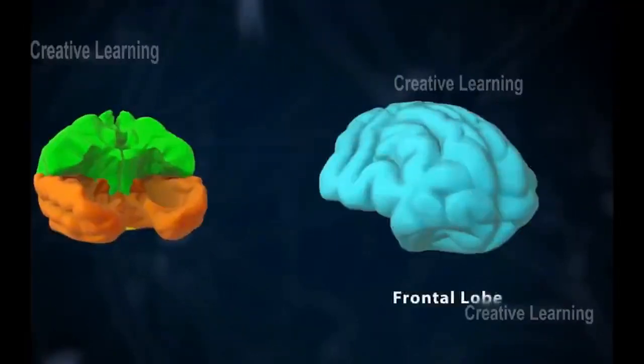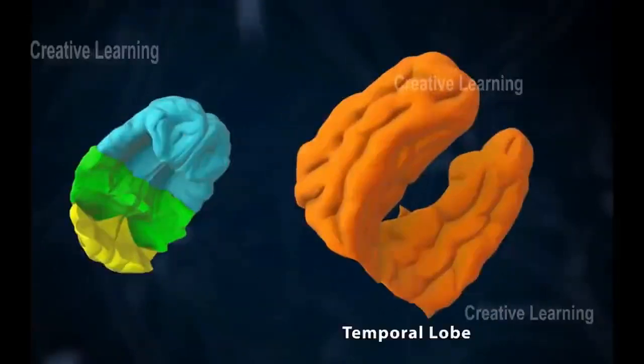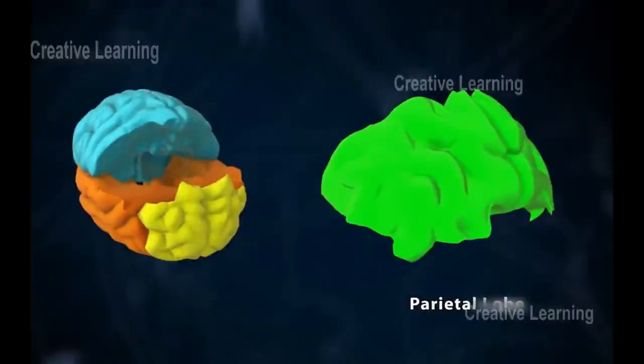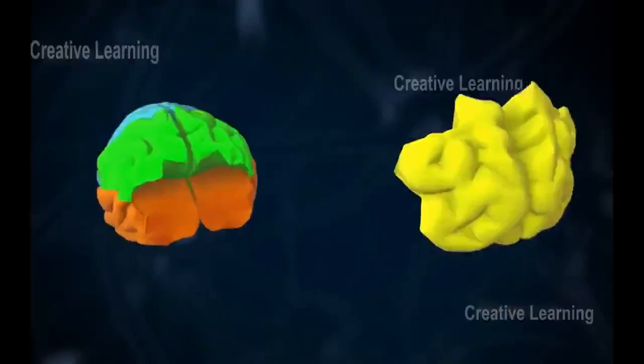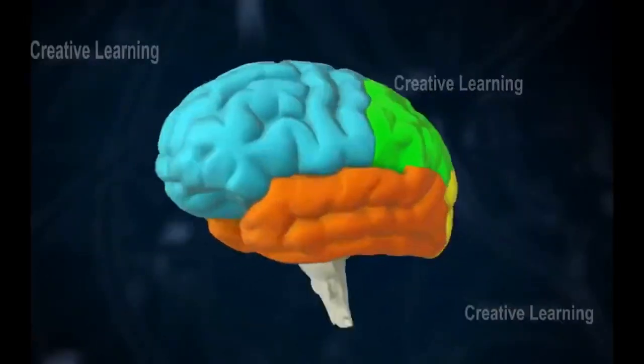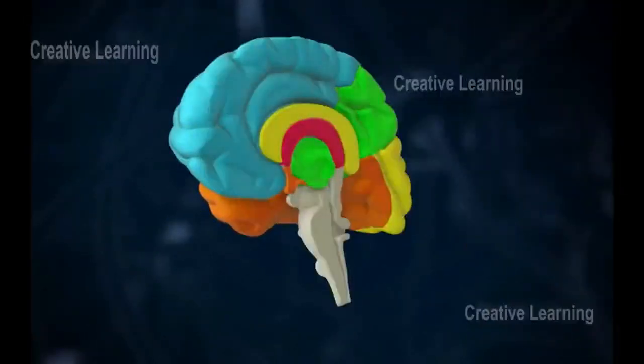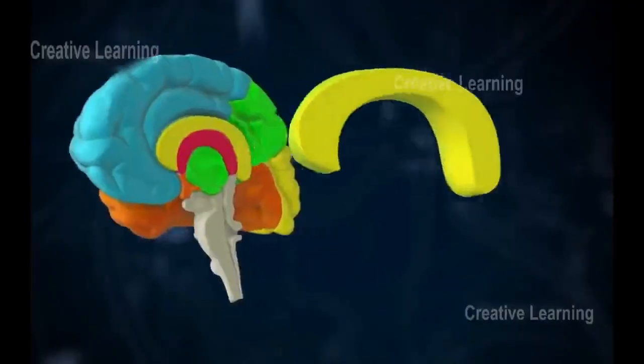Each is composed of a frontal, temporal, parietal, and occipital lobe. The two hemispheres are connected by a nerve tract called the corpus callosum.